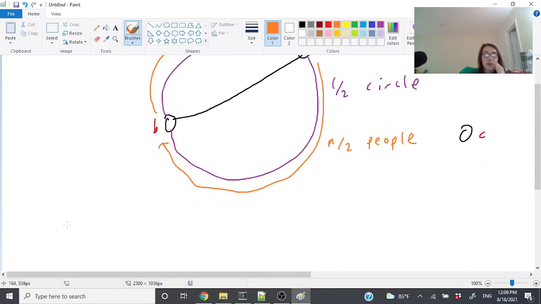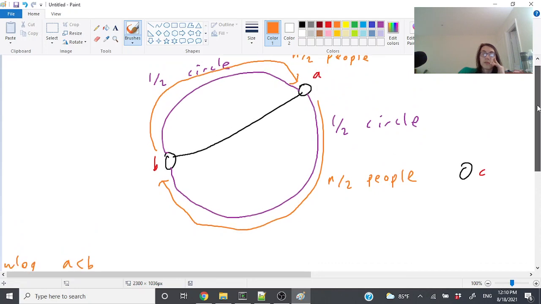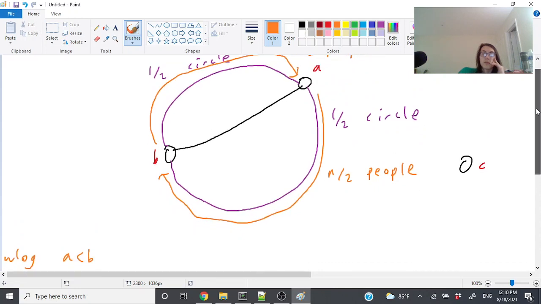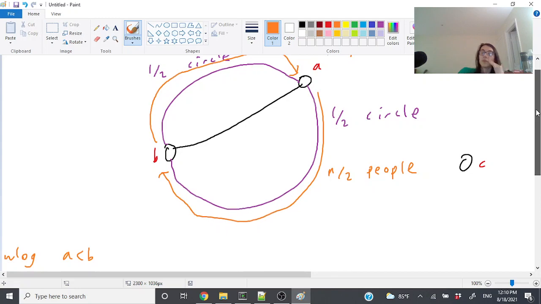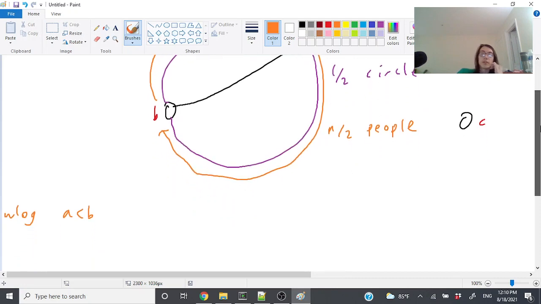So now assume A is less than B. If not, swap them, in the code. So without loss of generality, assume A is less than B. Then what does it mean about n? Well, we know A and B are n over 2 apart. So B minus A is equal to n over 2.